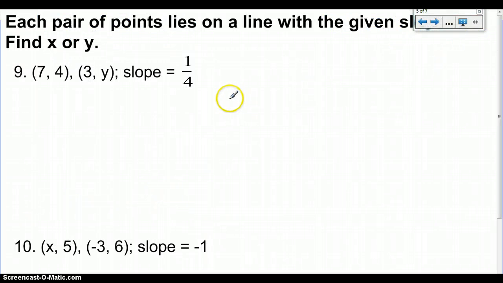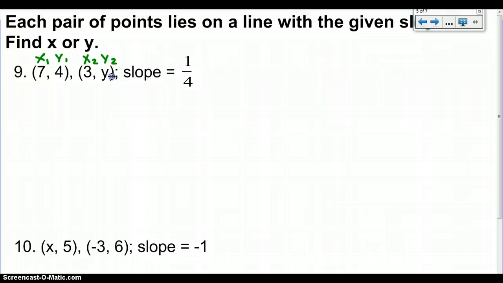So for this one, each pair of points lies on a line with the given slope. Find x or y. So this is what we're trying to find. We're trying to find the value for y. So we're going to do the exact same thing as we did before with our formula. So this is our x1, this is our y1, this is our x2, and this is our y2.